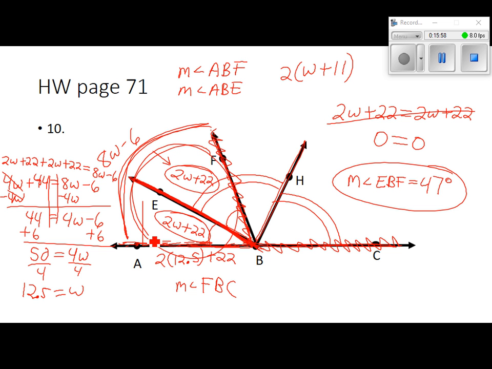And that would give us this whole thing. Now, you found that whole thing. Somebody do that for us real quick. 180 minus 47 minus another 47. 86. Is that what you got? How could we find each of those? How could we find just this angle?